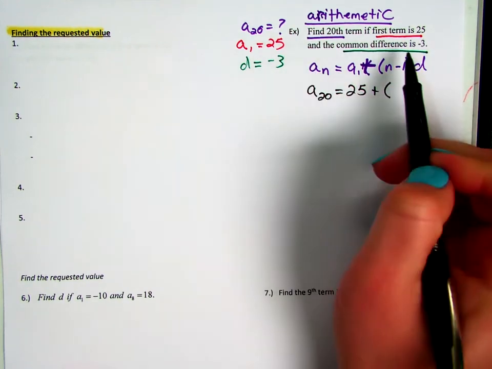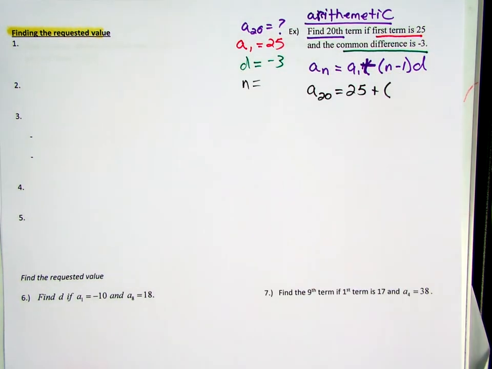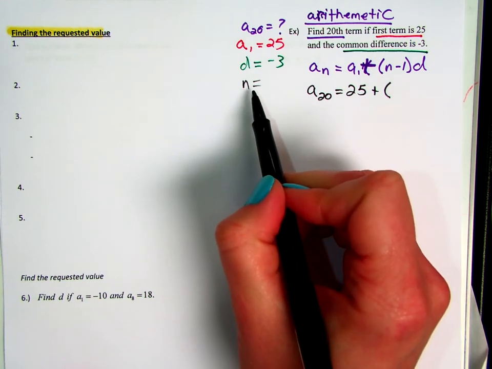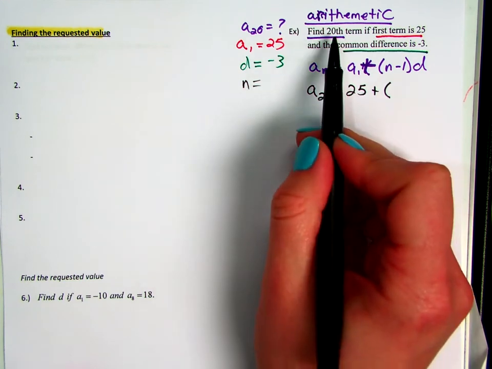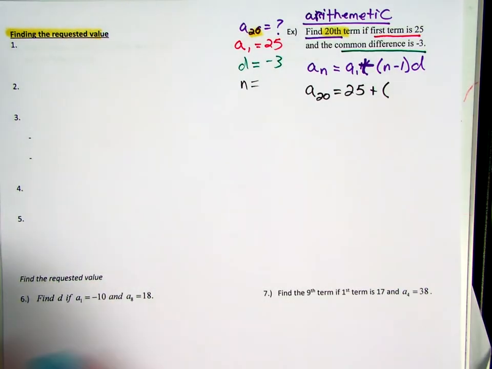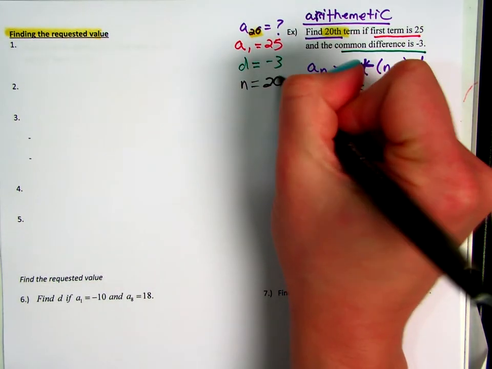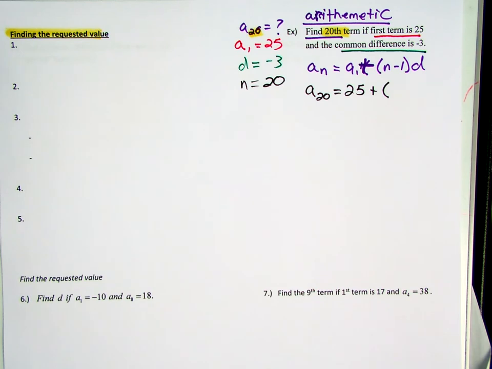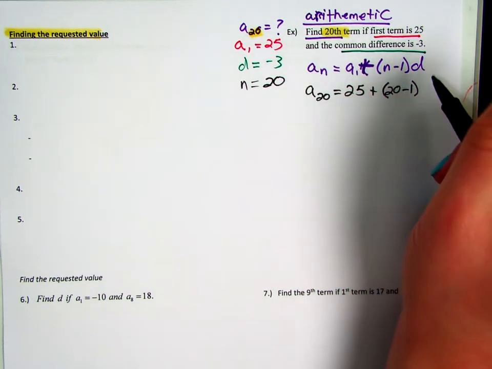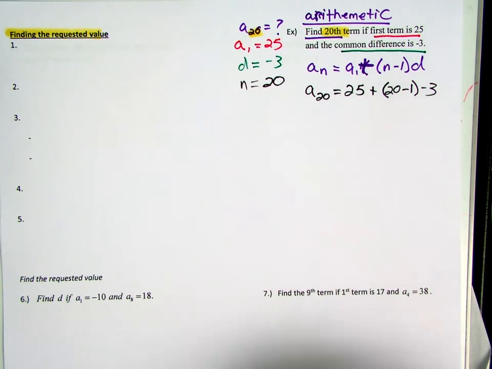Do we know what our n is? Isn't n the number of the term that we're looking for? We're looking for the 20th term, so the number of the term I'm looking for is 20. That's what goes in place of my n. So then 20 minus 1, and in place of d, I can put -3.